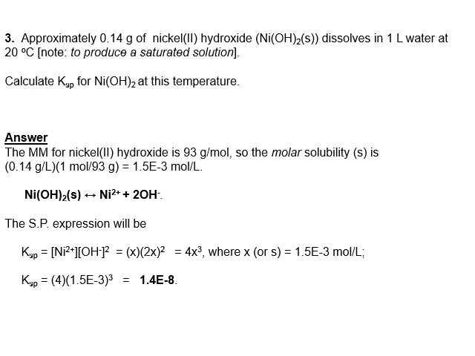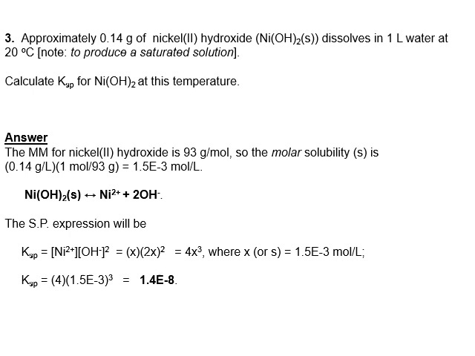It's what we would have gotten if we did an ice table, which I've kind of quit drawing those because I'm assuming you know how to do them by now. It's what we would have gotten for the nickel 2+ had we done an ice table. So if you look at the bottom there, we have 4x to the 3rd power equals KSP, but we know what X is.